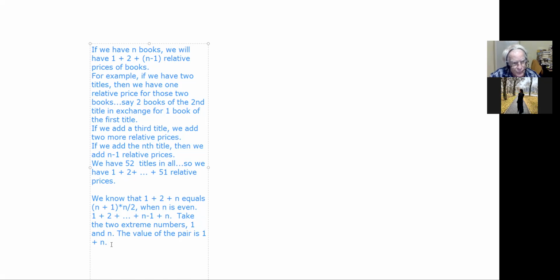So the second pair has the extremes n minus 1 plus 2. And what does that equal? Once again, n plus 1. So every time that you take another pair of numbers from the extremes, the value of the sum of that pair is always n plus 1.